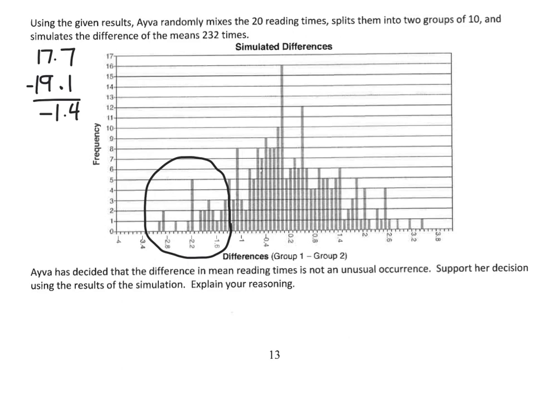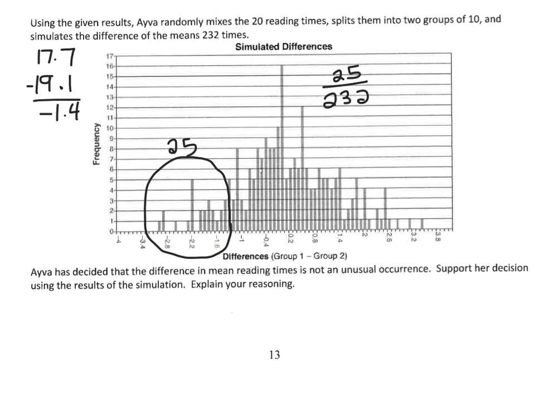So let's count it. We get 1, 2, 3, 4, 5, 6, 7, 8, 9, 10, 11, 12, 13, 14, 15, 16, 17, 18, 19, 20, 21, 22, 23, 24, 25. So this adds up to 25 out of the 232 simulations that she did.